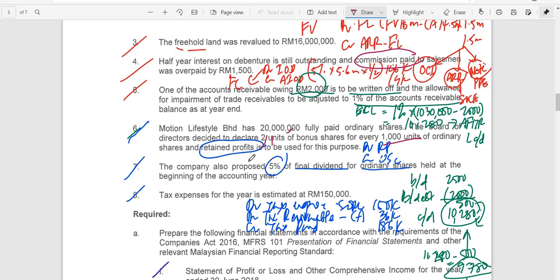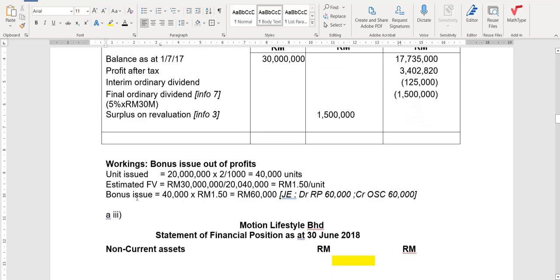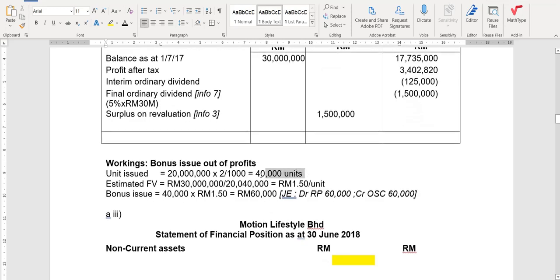And that you need to also calculate what is the fair value of the bonus issue. To do that, first you need to calculate what is the bonus issue. This is number one. Do this. Then you need to go and estimate the fair value. How do we estimate the fair value? We take the share capital amount and then we divide with the number of shares after the bonus issue.